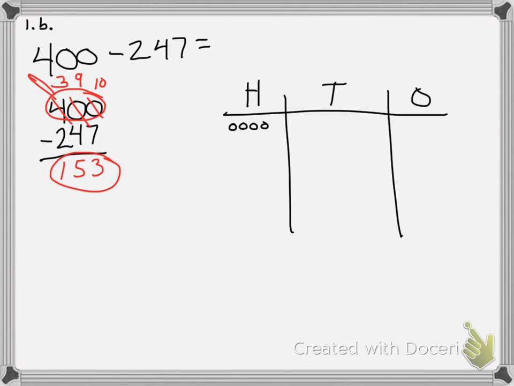So I'm going to come over here and kind of explain this using these pictures as well. So like I started out with in the vertical problem, I have to unbundle one of my hundreds. 1, 2, 3, 4, 5, 6, 7, 8, 9, 10.